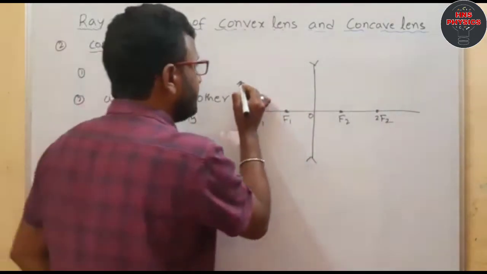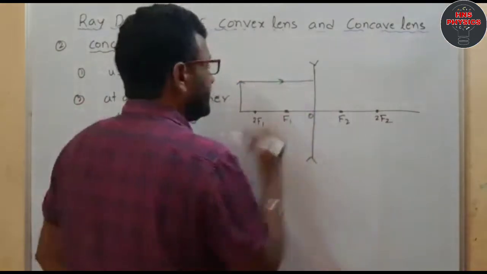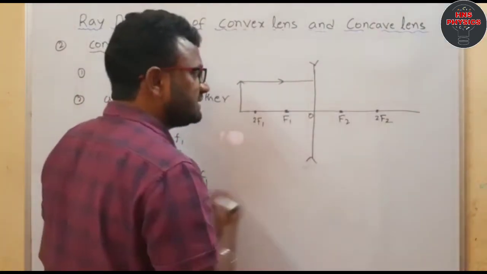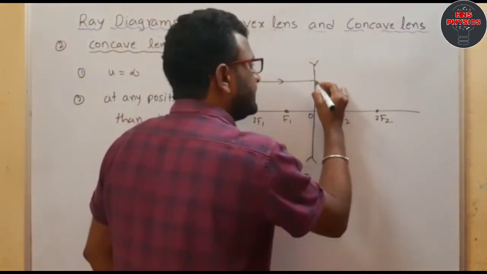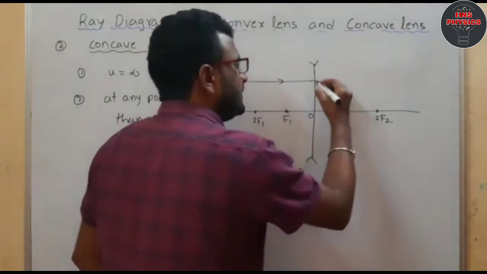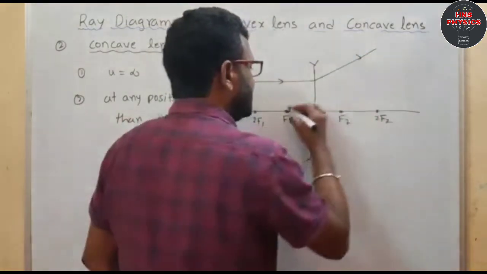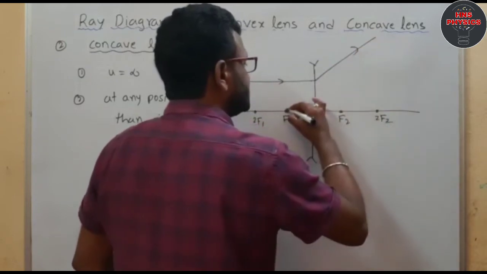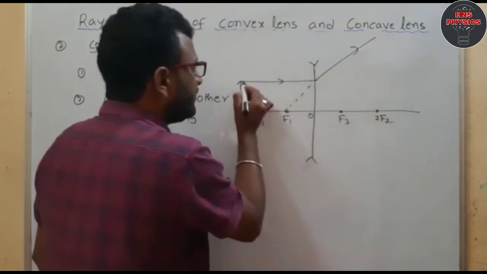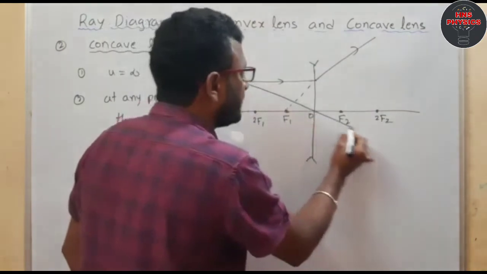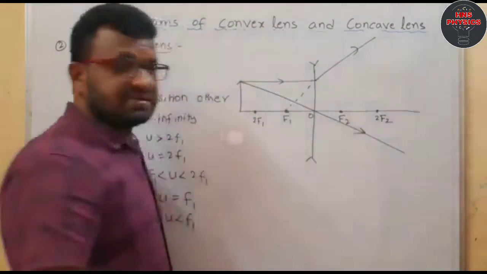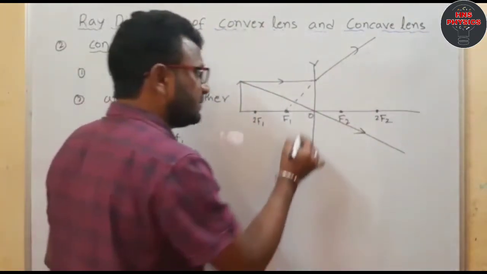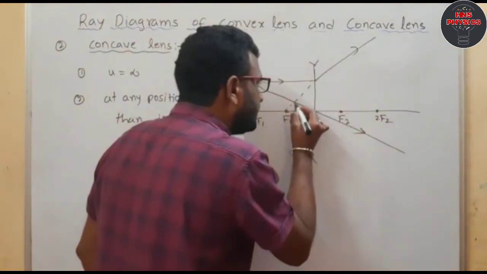When a ray of light passes parallel to the principal axis, after refraction the refracted ray diverges, but the diverging ray appears to be going from the focus. One more ray passes through the optic center, and that ray does not deviate from its actual path. So the image is formed here.